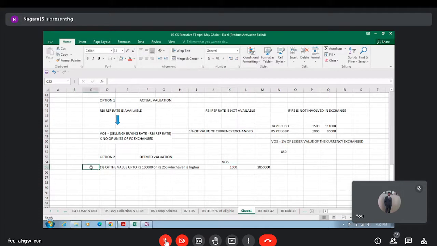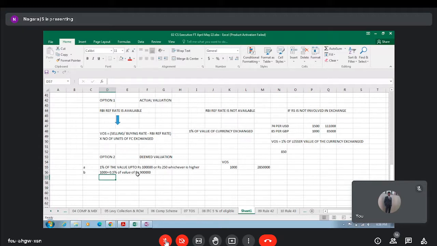This is A. B: 1,000 plus 0.5% of value of rupees 9 lakhs. 9 lakhs is what? Up to 10 lakhs. Already we have taken 1 lakh.